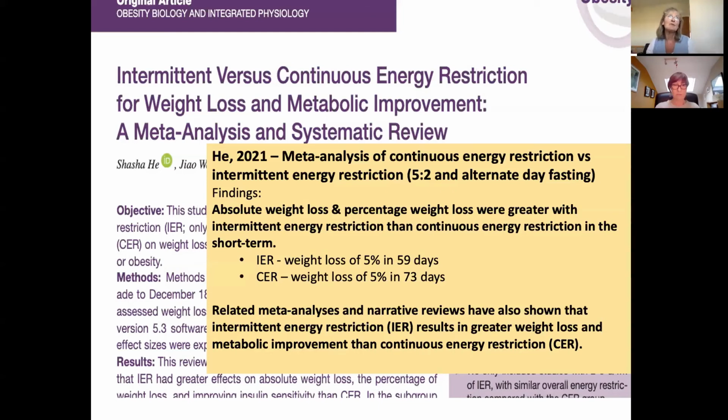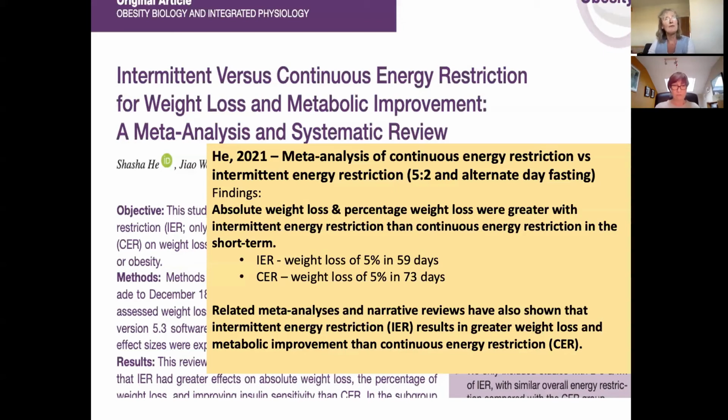And what they found by looking at all these studies was that absolute weight loss and the percentage weight loss were greater with intermittent energy restriction, either the 5-2 or the alternate day fasting, than with the traditional continuous calorie restricting diets.